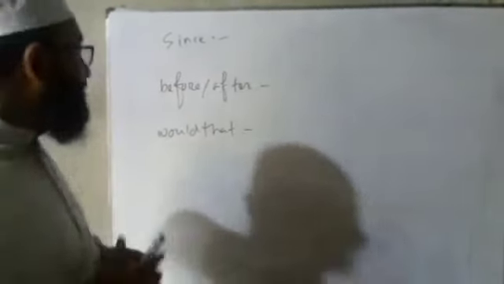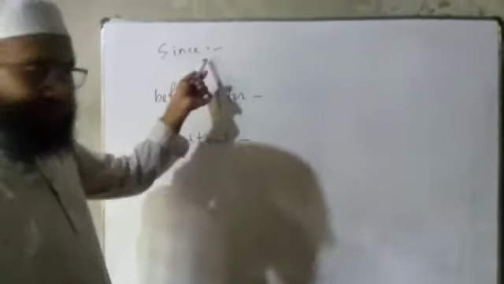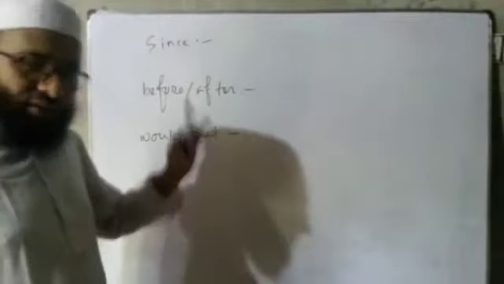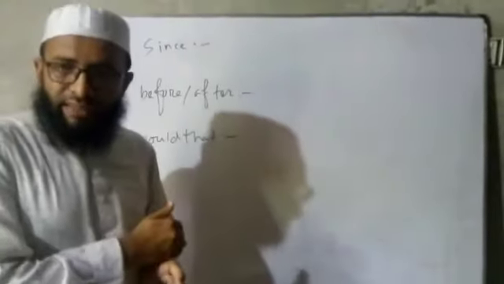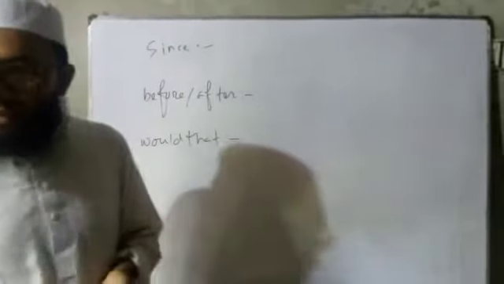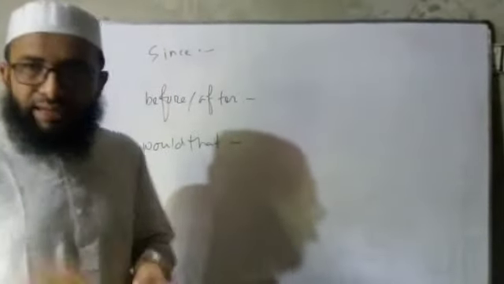Dear learners, here is written since, before, after, would that. There are also other rules we will try next time. Since, when it is used at the beginning of a sentence, indicates a cause. Then the first clause and second clause remain the same.